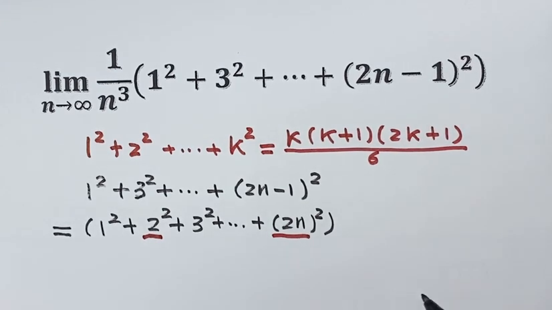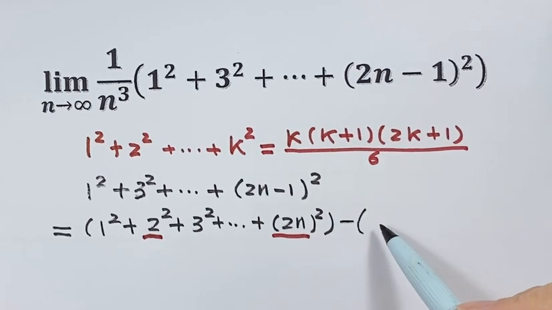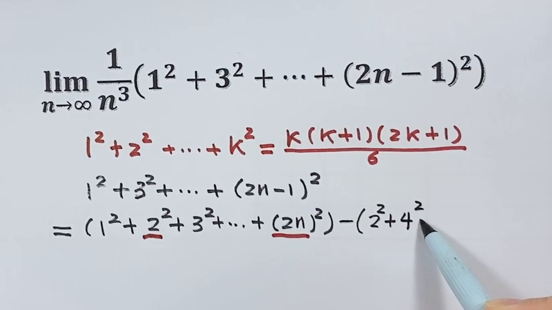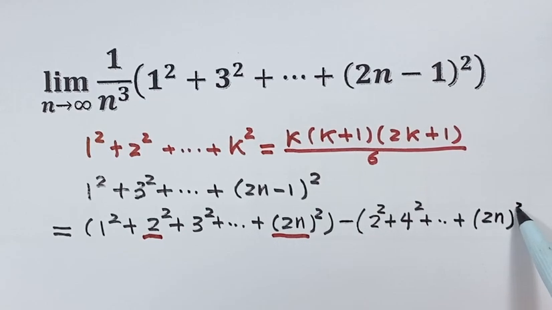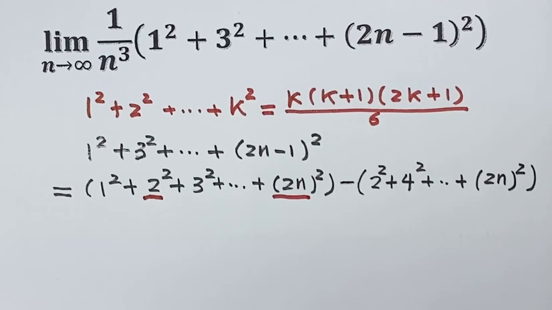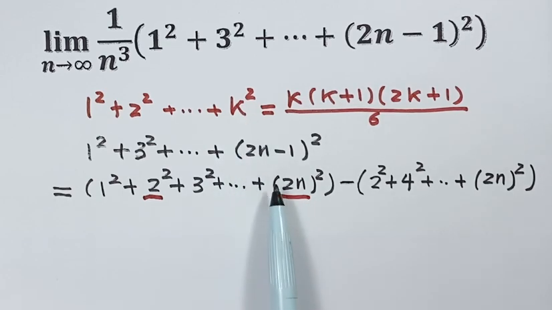So we minus all the even numbers squared: minus (2 squared plus 4 squared until 2n squared). Because from 1 squared until 2n squared is a sum of squares of 2n consecutive integers, we can use this formula, where k equals 2n.